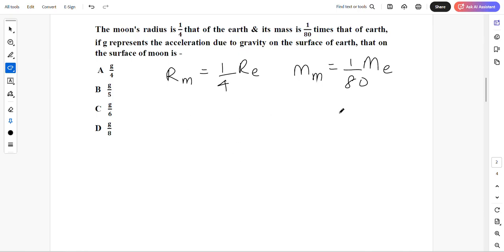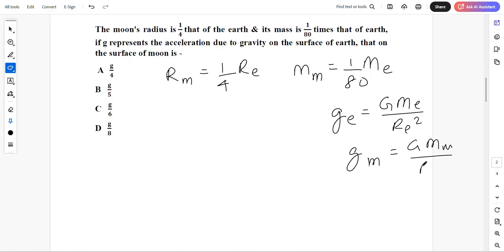Okay, we know what Ge is. Ge is nothing but G Me by Re square. How much is gm? Gm will be equal to G Mm by Rm the whole square, where Mm is the mass of the moon and Rm is the radius of the moon.